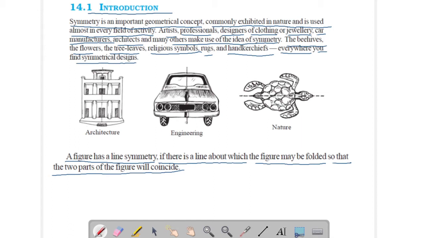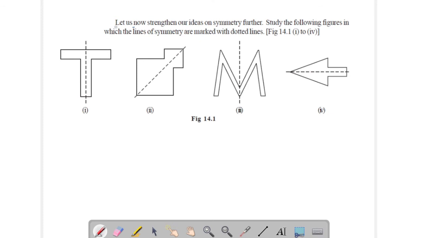See this car, if we draw a vertical line, then the car is divided into two equal parts. This is the line of symmetry. This is the tortoise. If you draw a horizontal line, then the tortoise is divided into two equal parts. So this is the line of symmetry.